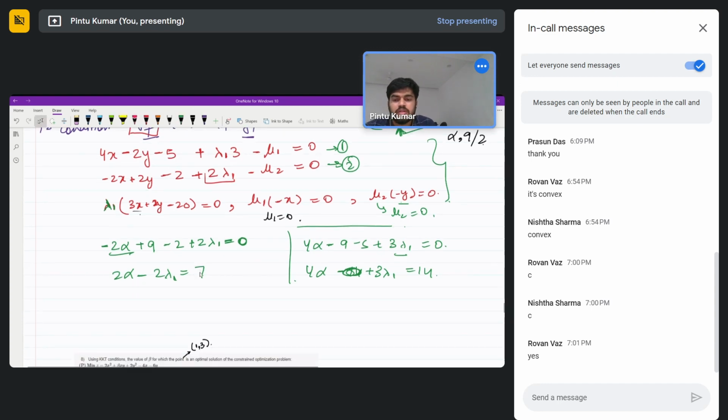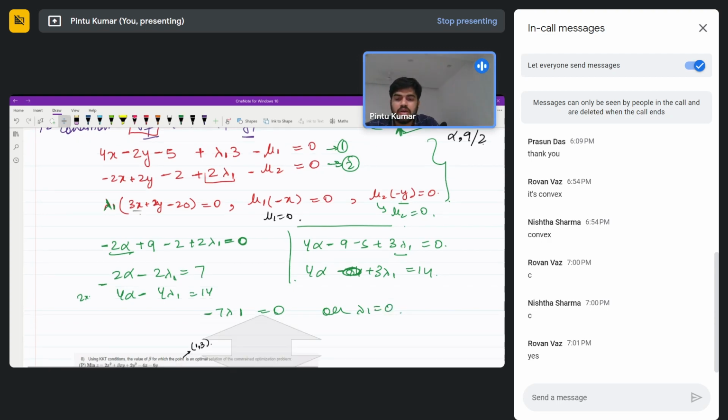So if you look carefully, you can just multiply this by 2, right? And then you will get 4 alpha minus 4 lambda 1 is equal to 14. You just subtract these two, you will get minus 7 lambda 1 is equal to 0, or lambda 1 is equal to 0, right?